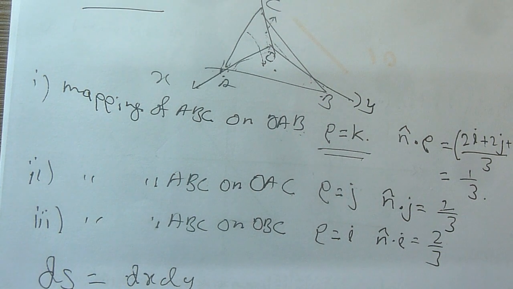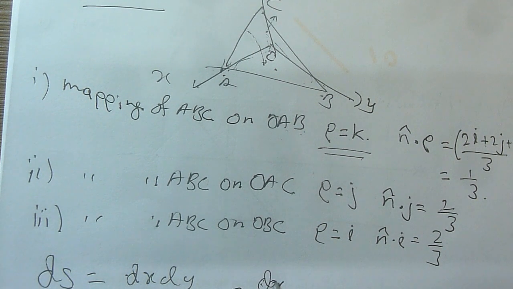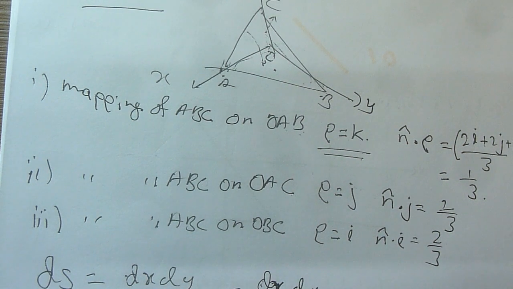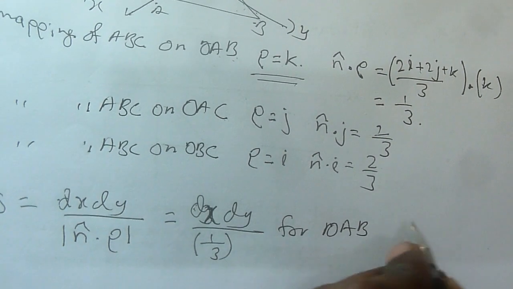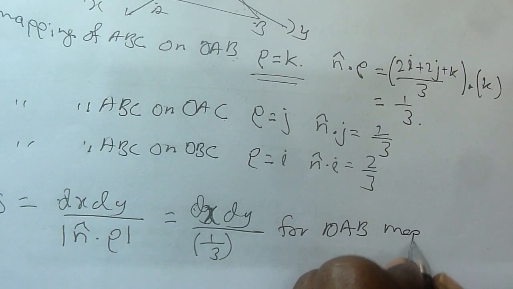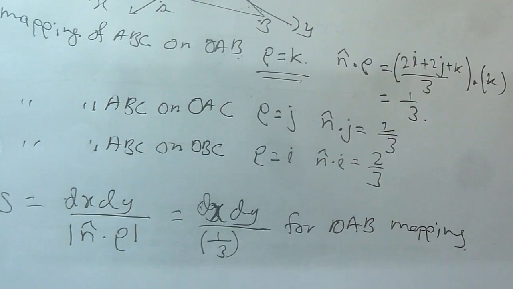Okay, this is actually N dot rho here, which will give us DX DY over 1 over 3, for OAB mapping.